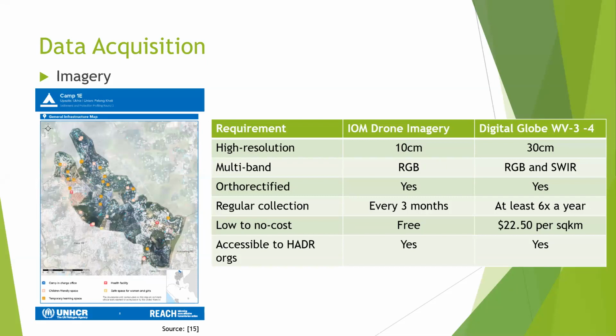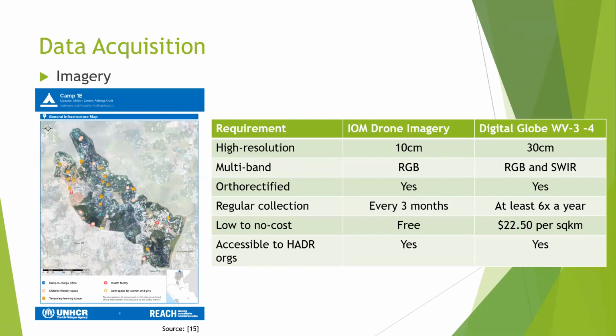Both image sources provide high-resolution imagery, which is needed for the automated feature extraction approach, with the drone imagery actually providing slightly better spatial resolution. Each source provides multi-band imagery, which is used to help develop the spectral signatures in the automated process, with the Digital Globe imagery providing an additional shortwave infrared band, which will help improve the ability to differentiate features based on their spectral properties.